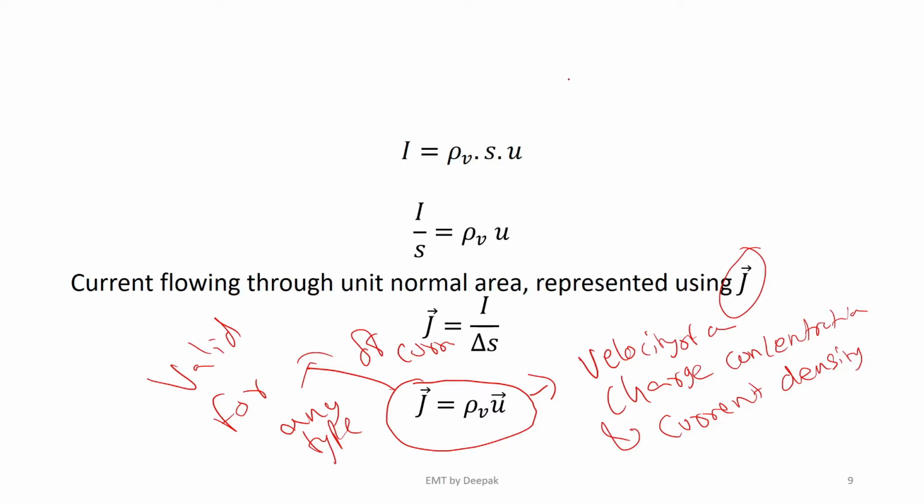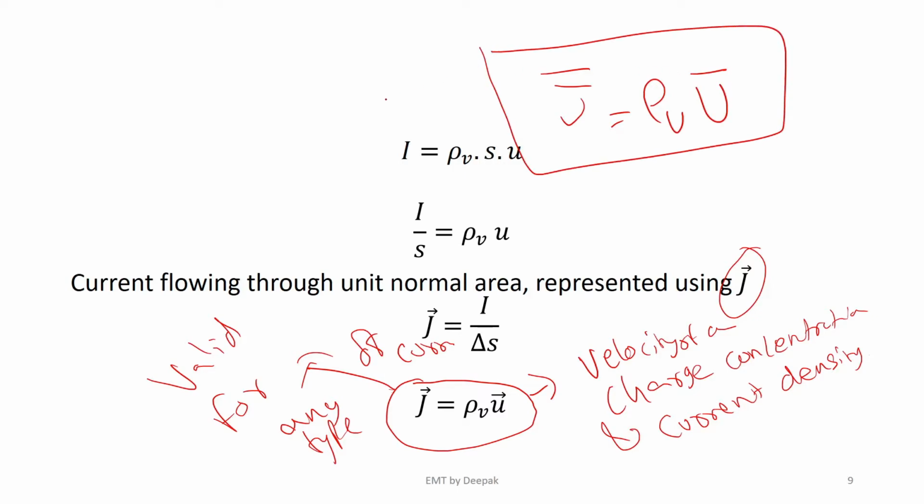This expression J bar equals rho V times u bar is universal. But the type of current density is characterized by what is inducing this u bar.